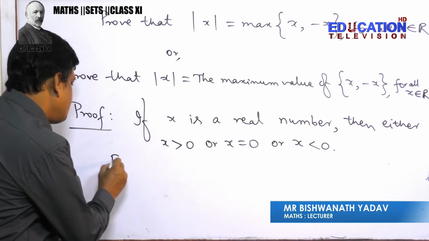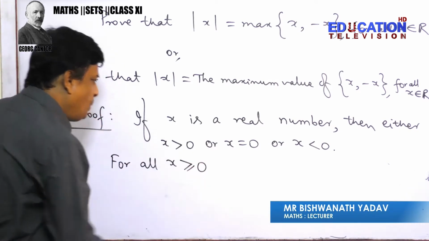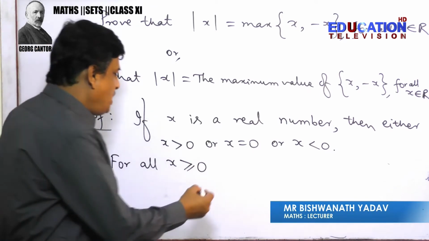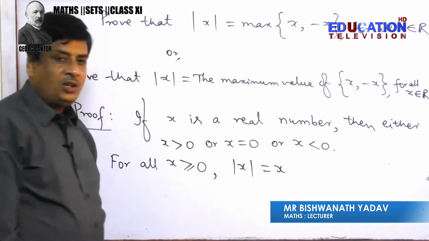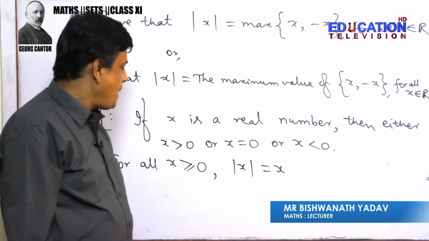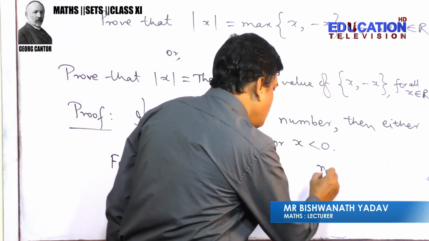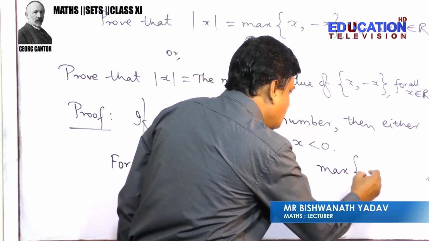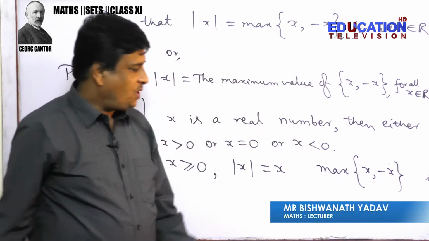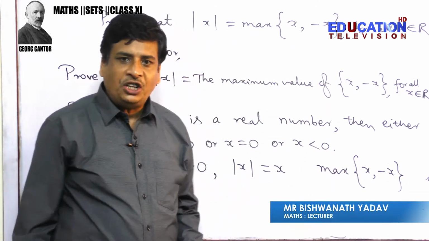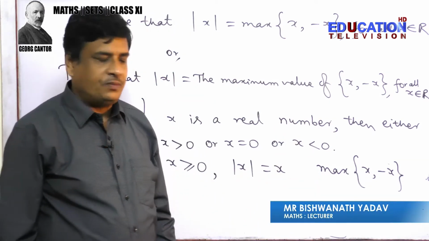For all x greater or equal to 0, modulus x is equal to x. By definition, if x is positive, what will be the maximum value of the set containing elements x and minus x? The maximum value of the set containing these two elements will be x in case x is positive.